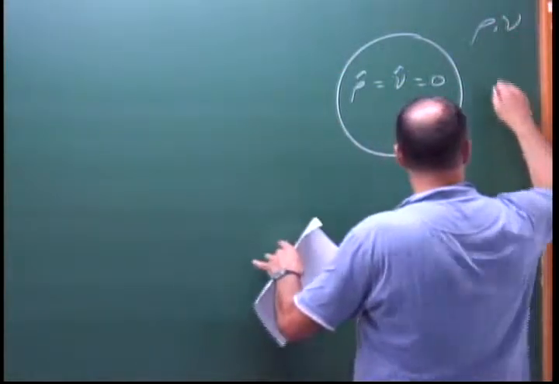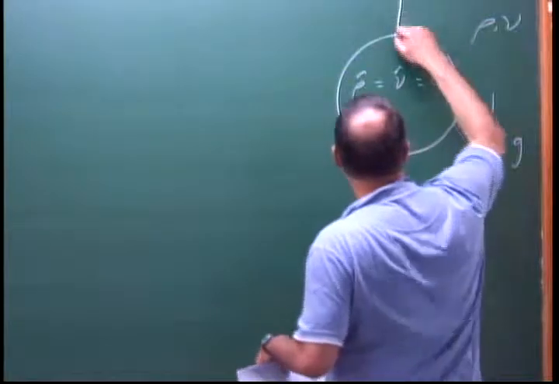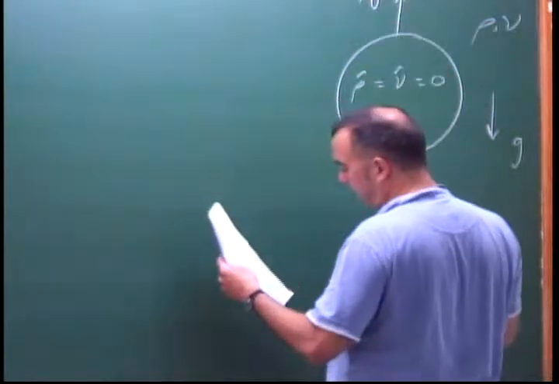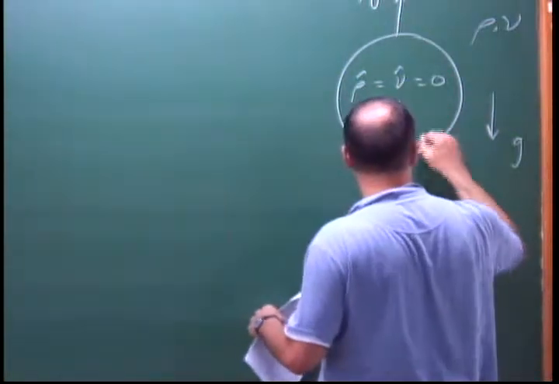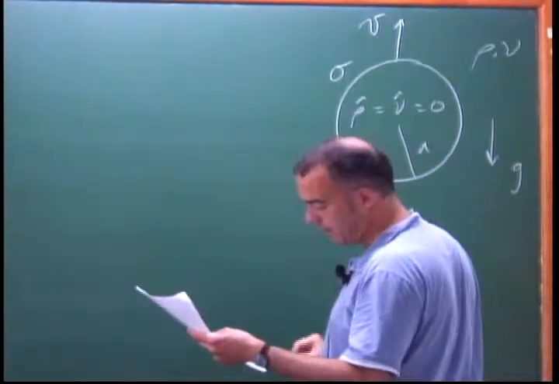Let's imagine, in most physical settings, we have gravity acting. And we've seen there are funny situations where there are surface tension gradients and so forth. But let's just assume we have a constant surface tension here.